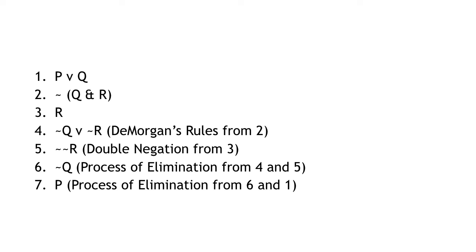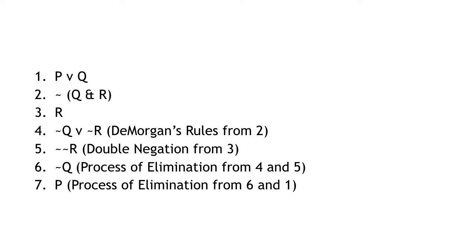Finally, 7, we use this process of elimination again on 6 and 1, right? Not Q. Well, 1 says P or Q has to be the case, so this justifies P, right? Now look, I'm not going to be too formal with this, too much of a stickler.